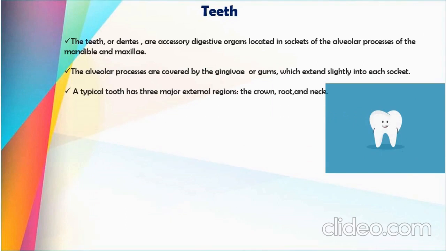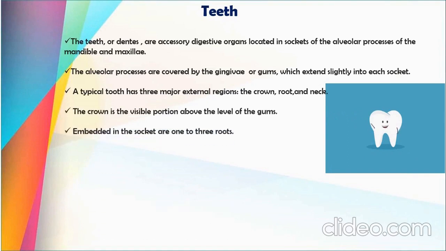A typical tooth has three major external regions: the crown, root and neck. The crown is the visible portion above the level of the gums. Embedded in the sockets are one to three roots. The neck is the constricted junction of the crown and root near the gum line.